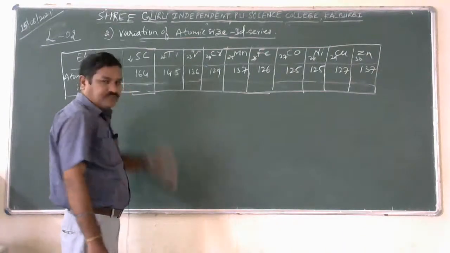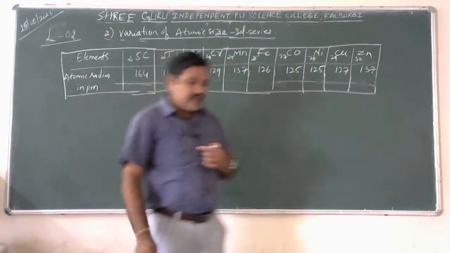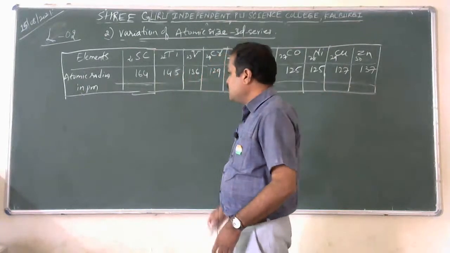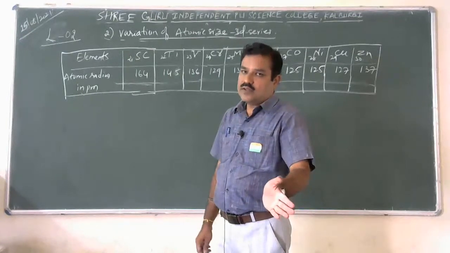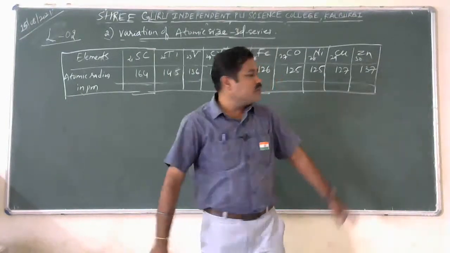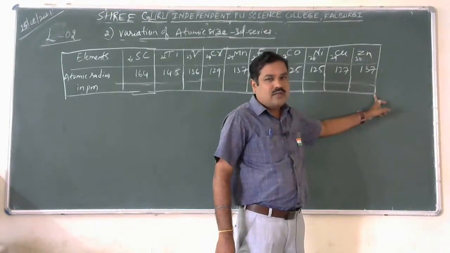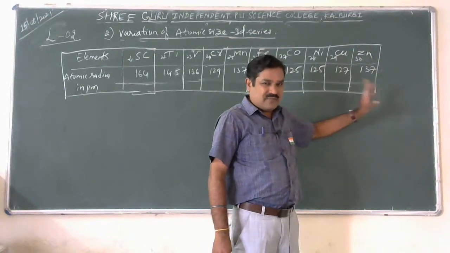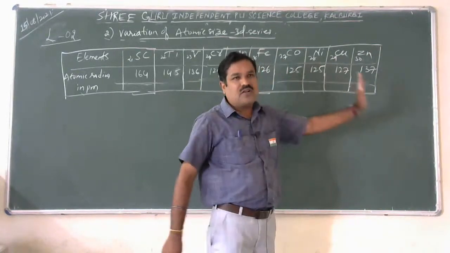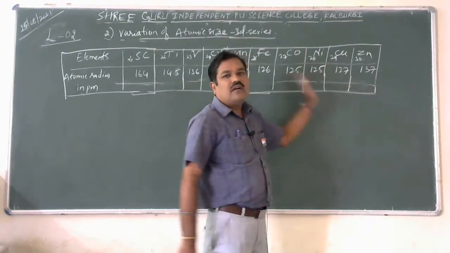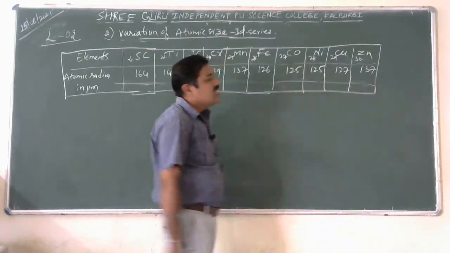You are observing that the atomic radii of these d block elements are smaller than s block elements, but more than p block elements. Why? Because these d block elements are placed between s and p. If you move from left to right in the periodic table, atomic radii generally decrease.